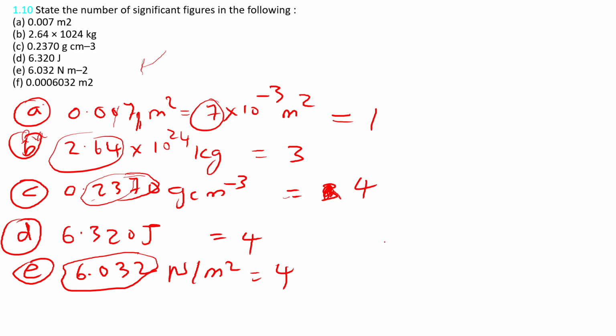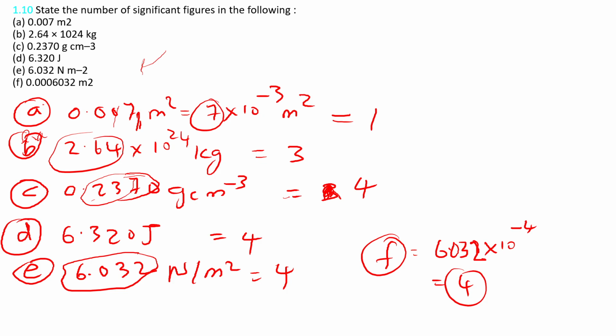And the last question, F, is 6.032 into 10 to the power minus 4. Here it is 6.032, so again the number of significant figures is equal to 4.